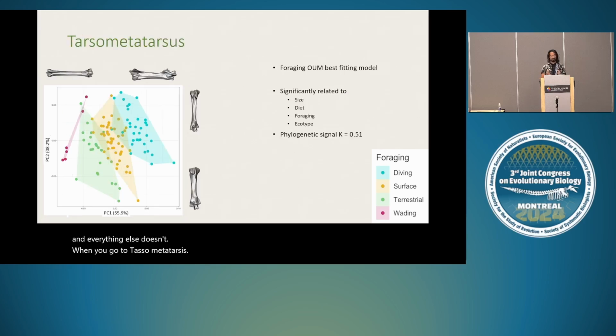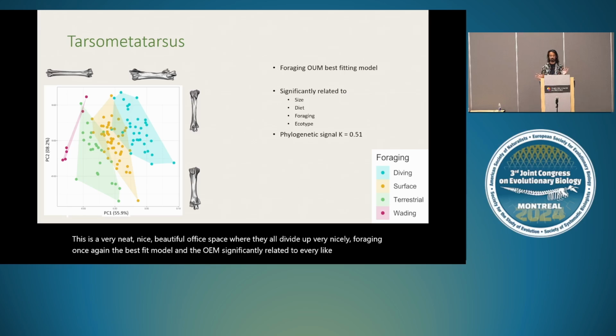When you go to the tarsometatarsus, this is a very neat, nice, beautiful morphospace where they all divide up very nicely. Foraging, once again, is the best fit model in the OUM, significantly related to every category that we measured. It also had the largest phylogenetic signal, still not a particularly strong one, but the largest.